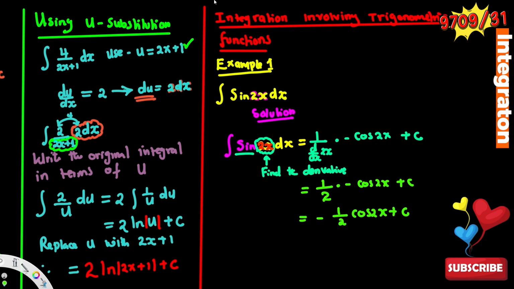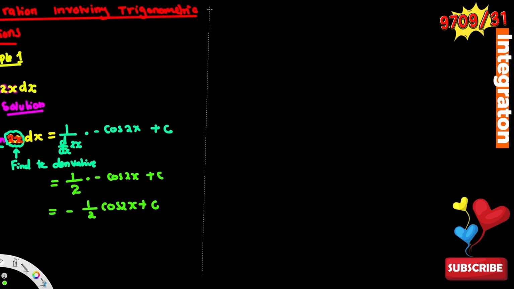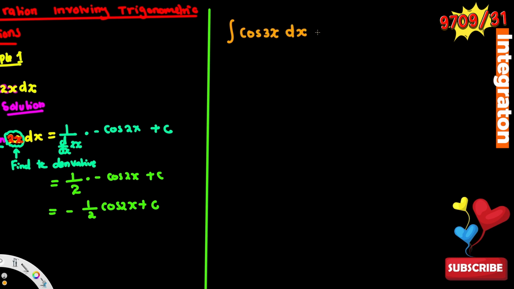All right. Moving further, we can also have one more example. If you have this and you're supposed to find the integral of this, how do you go about it? I believe you've followed from the previous section. First we have this part, 3x. Find the derivative of 3x and say 1 over that answer.